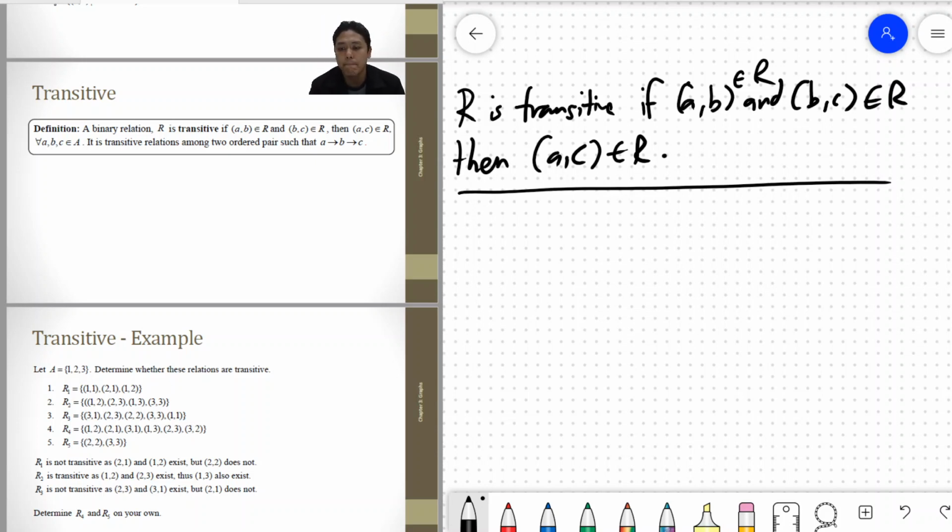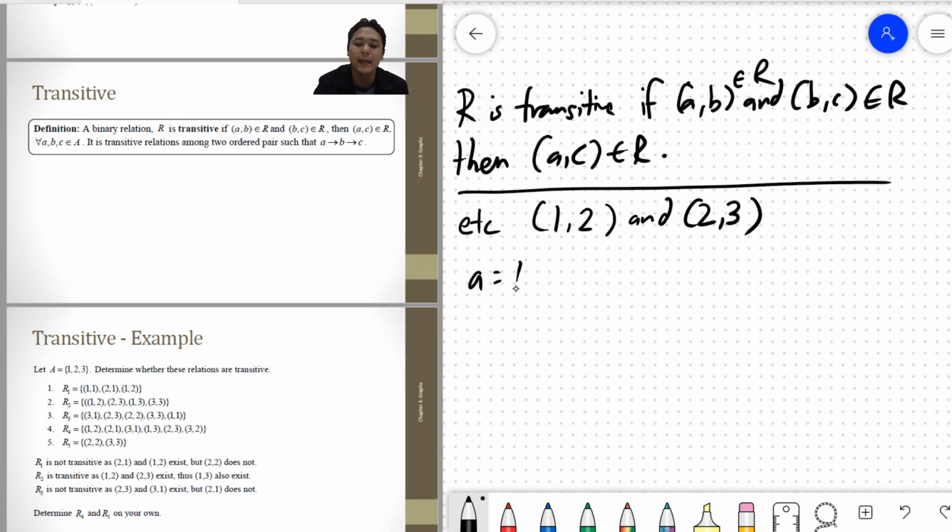This time you have two ordered pairs that you need to find. I always say to my students, let's start with this: (1, 2) and (2, 3). Imagine A is 1, B is 2, C is 3.